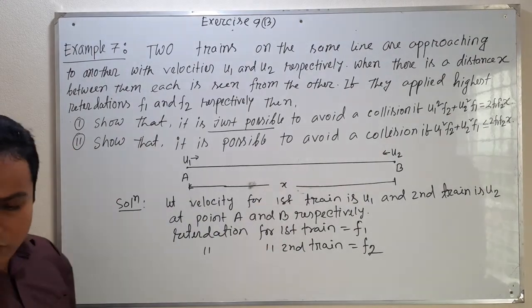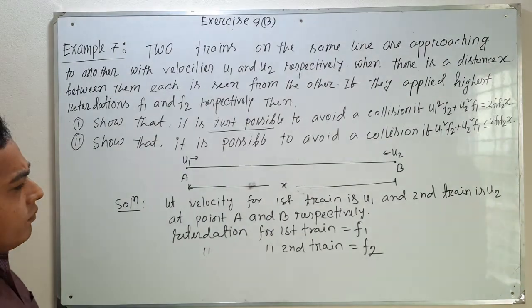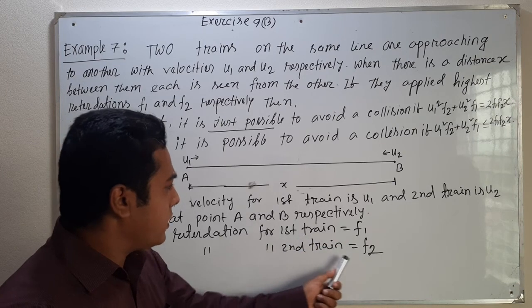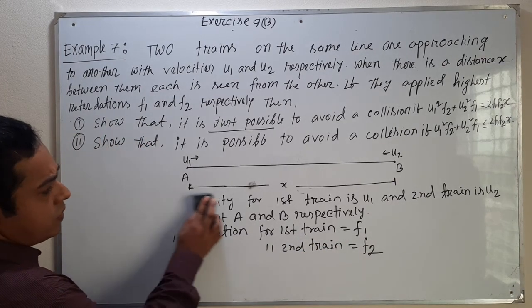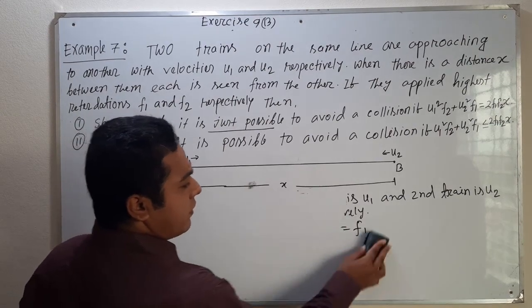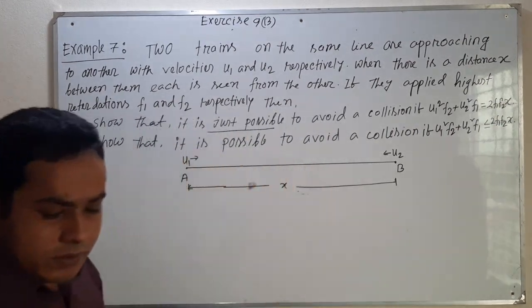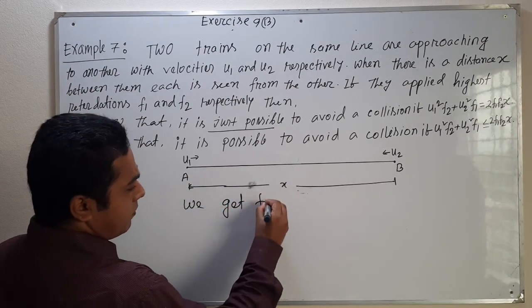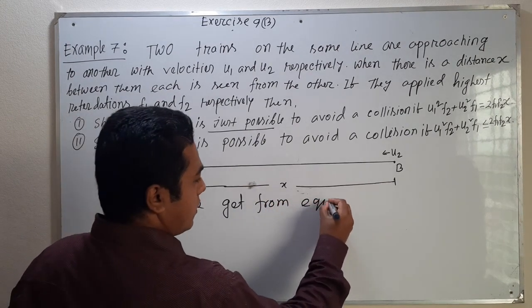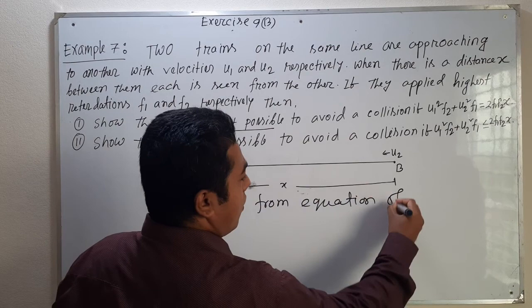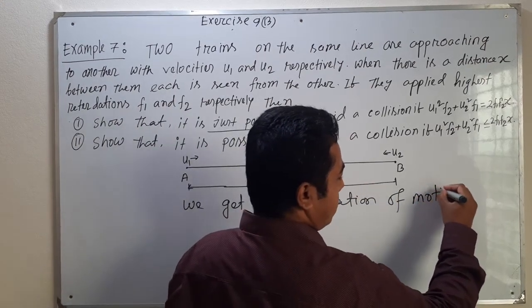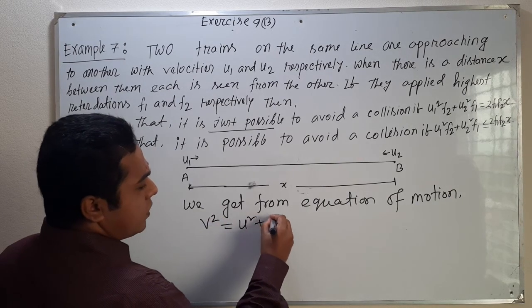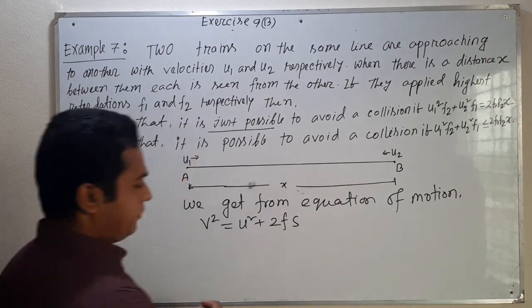Now we apply the equation of motion, v square is equal to u square plus 2fs.